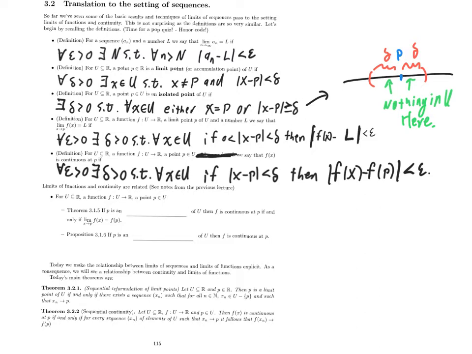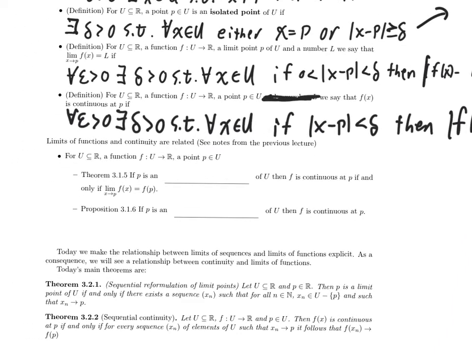We've seen that limits of functions and continuity of functions are closely related. That is, we've proven that if P is a limit point of U, (this came from, I guess at the time I was wanting to use the word accumulation point), then f is continuous at P if and only if the limit as x approaches P of f of x is equal to f of P. So limits know about continuity, and continuity knows about limits.